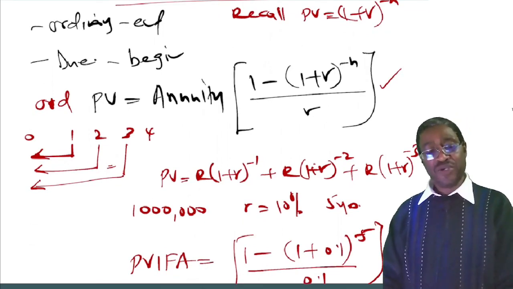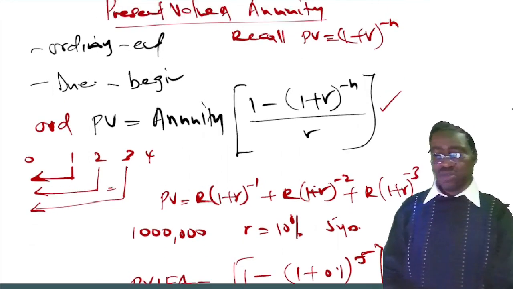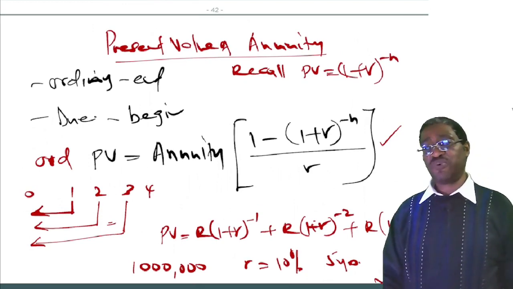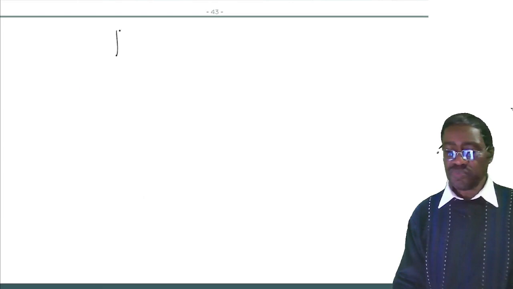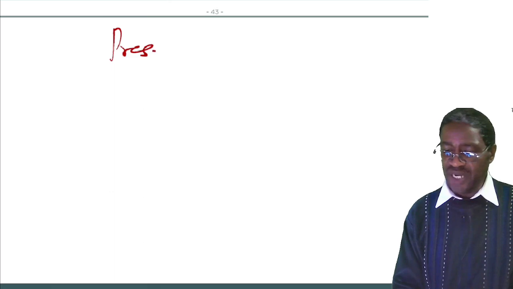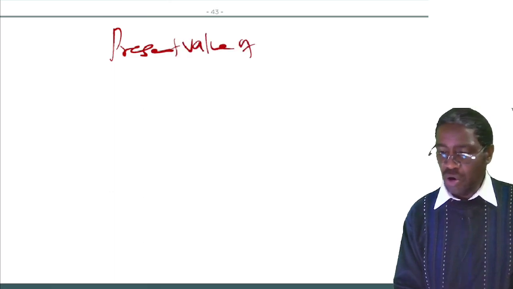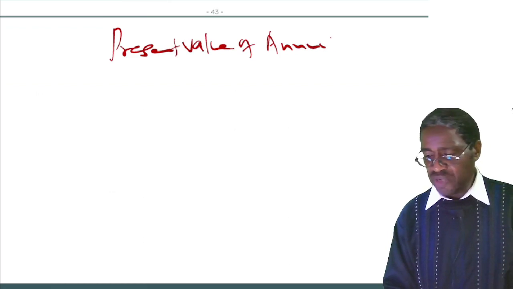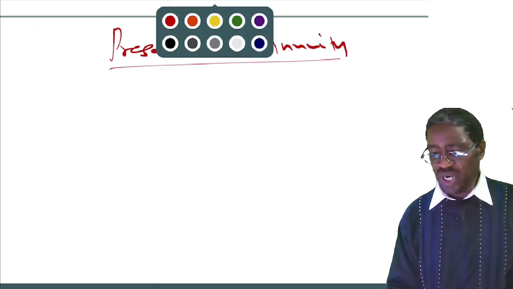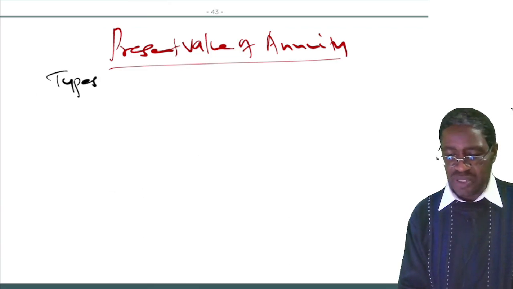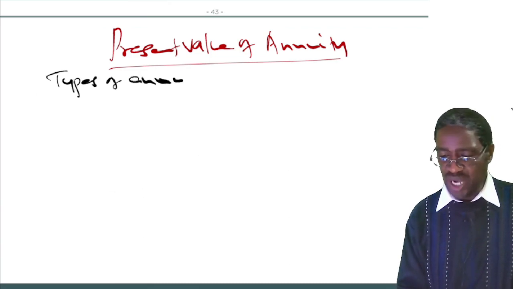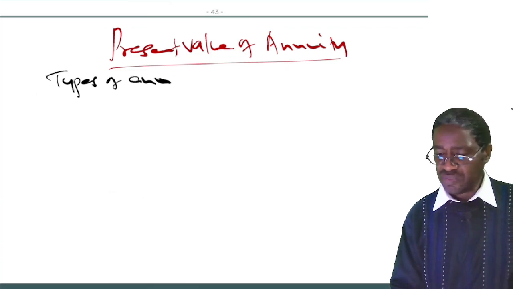Good. So let's put down those two formulas, but first put down the subtopic. The subtopic we are calling present value of annuity. Then you can see below there, again, types of annuities.